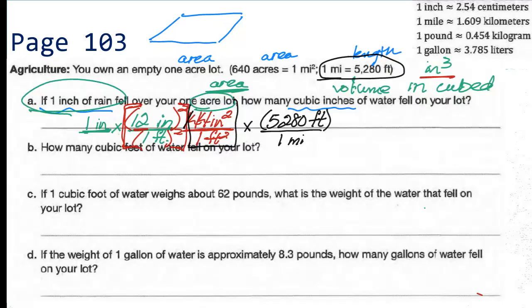Okay? But we have feet squared here, so I am also going to square all of that. I'm going to square the 5,280 feet squared. So 5,280 squared, or to the second power on your calculator, gives you how much?